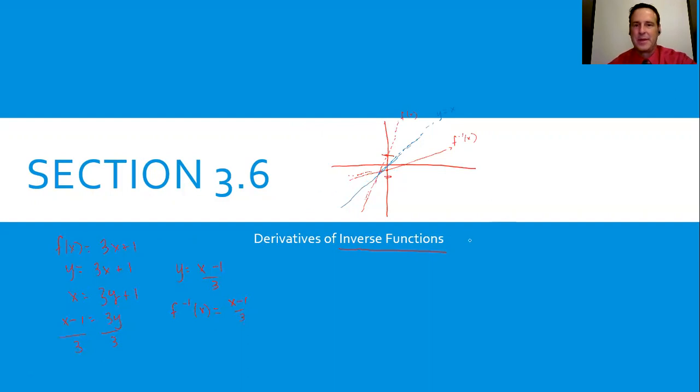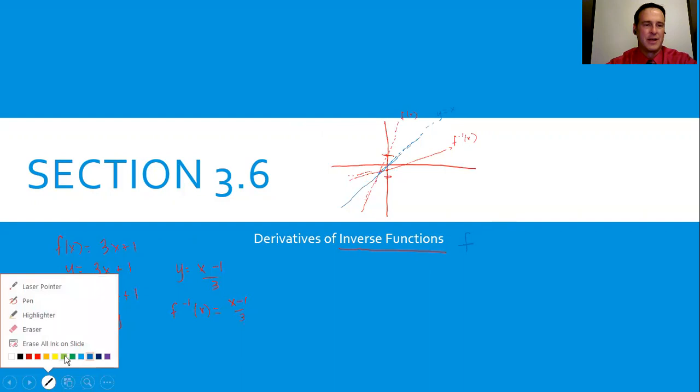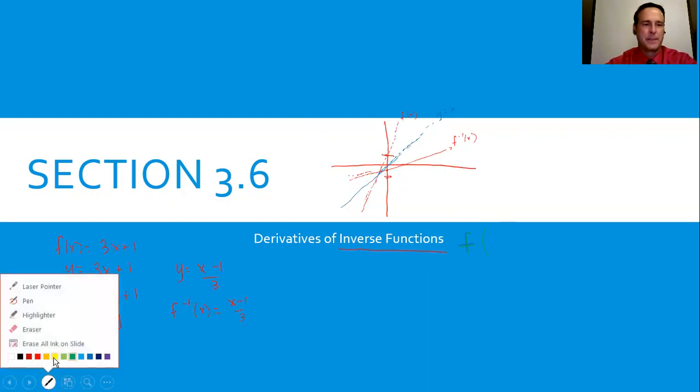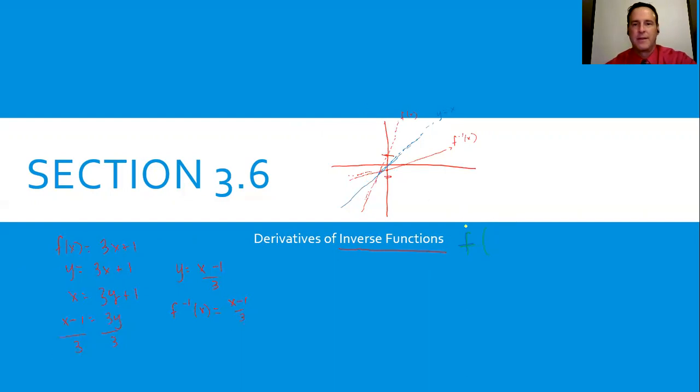Further, there was a rule that went like this. Let me change this color up, since that matches what I have here. Let's use green. If you took a composite function and you inputted the inverse into the x of the original function, you would find that, again, you're taking this and plugging into that x.